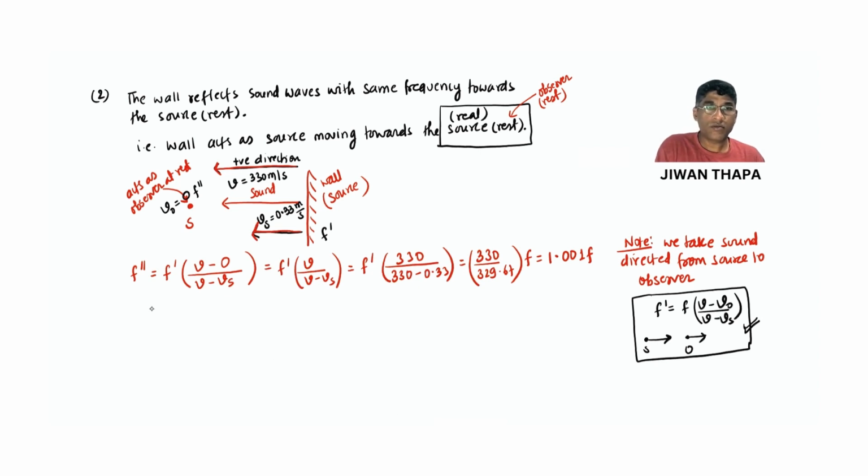Therefore, f double dash equals 1.001 f dash. Let's call it equation 2.